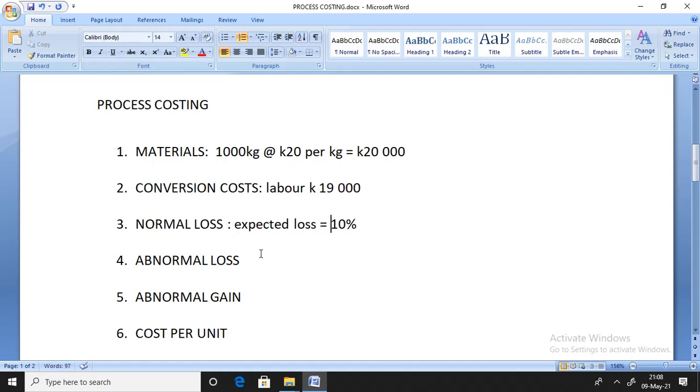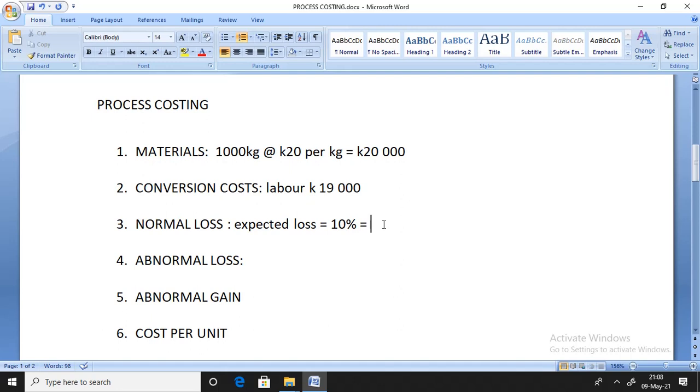Now, abnormal loss happens when actual loss exceeds normal loss. If you have actual loss that is higher than normal loss, then you have the issue of abnormal loss arising. So for example, 10% normal loss from the inputs. We have 1,000 kg of inputs.